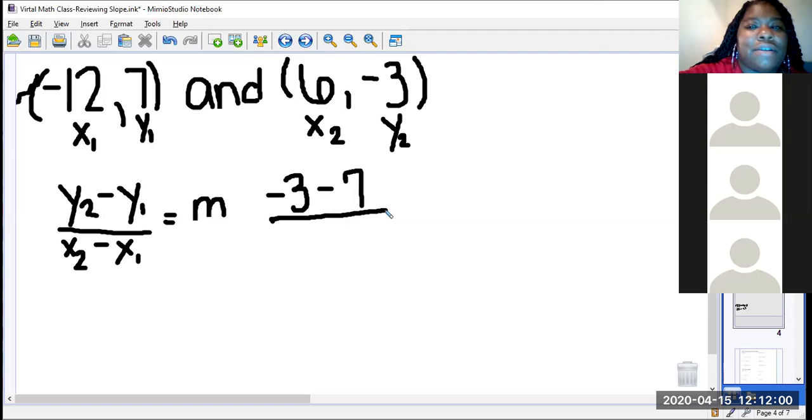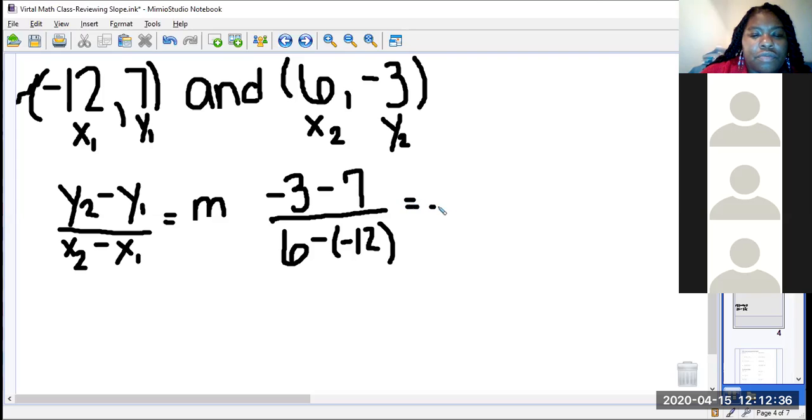So what will go at the bottom? 6 take away negative 12. So 6 minus negative 12. You see how I'm writing my negative in parentheses. So now we're going to have to do what? Keep, change. Okay. 6 plus 12 at the bottom. So that'll be 6 plus 12.